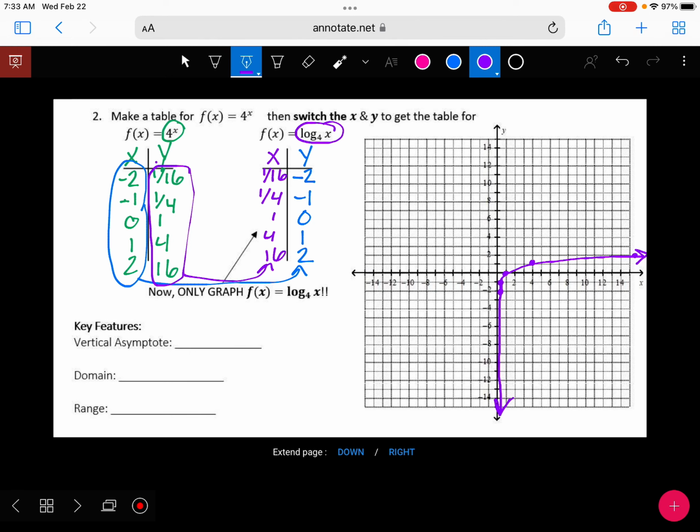Okay, so now we're going to find out where our vertical asymptote is, which I'm going to do in pink. We're going to have a vertical line.